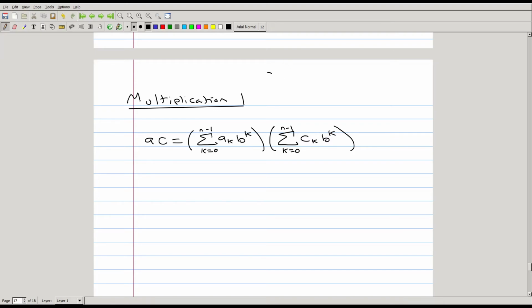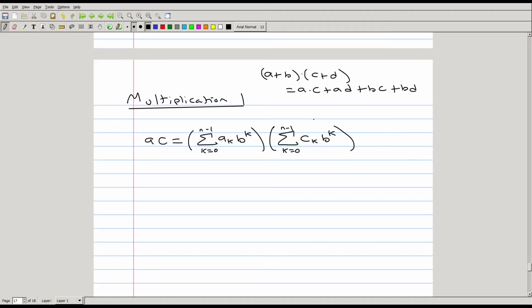We know that for two terms in the sum, A plus B times C plus D, for instance, will be A times C plus A times D plus B times C plus B times D from a FOIL.